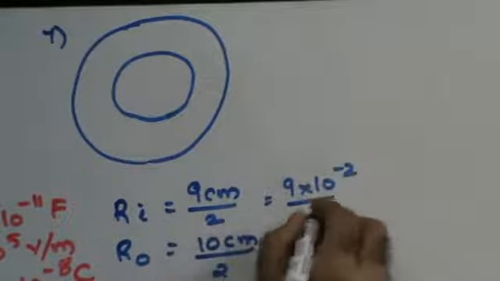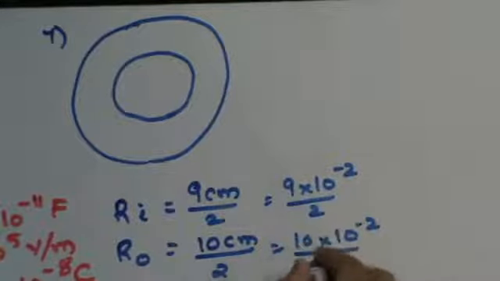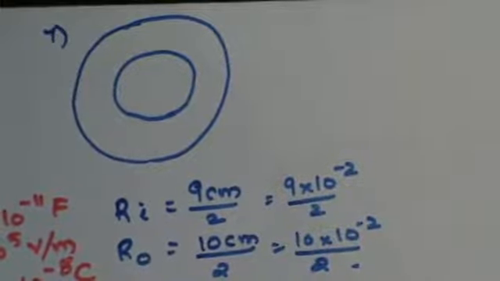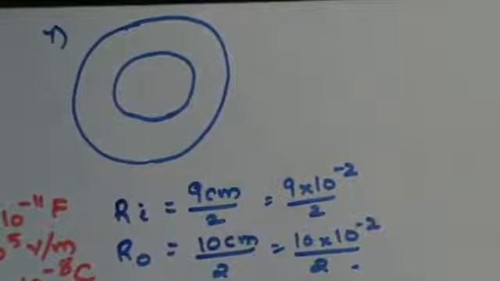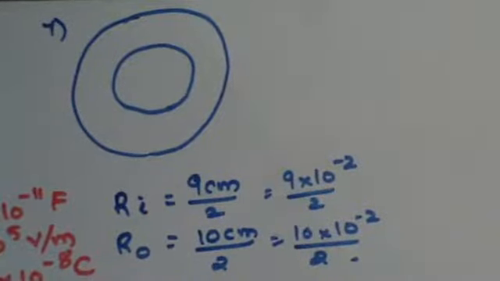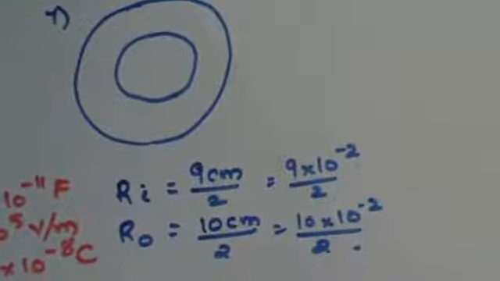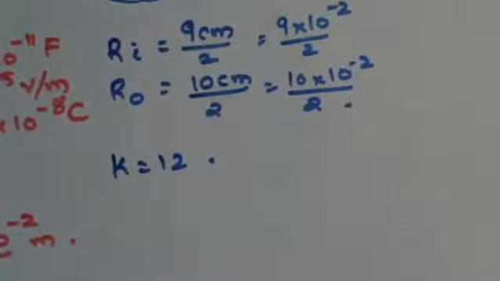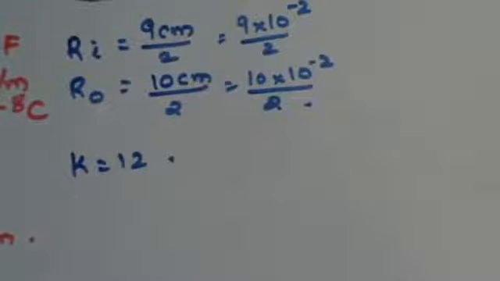Find the capacitance. If dielectric constant is 12, what will be the new capacitance?